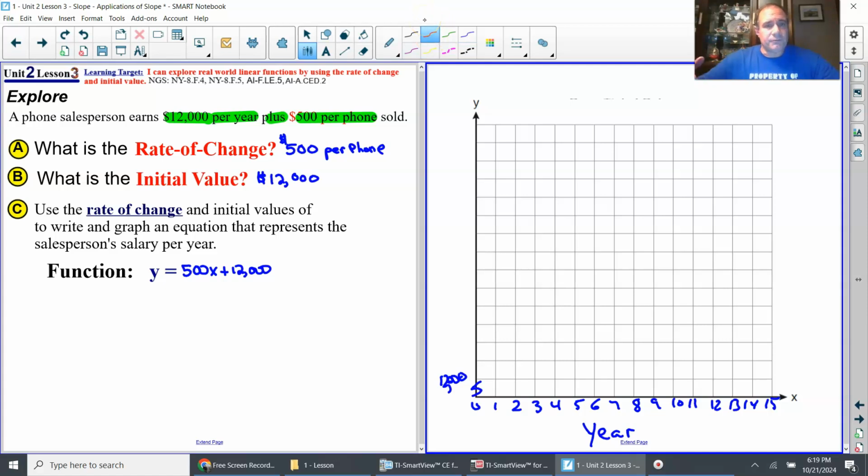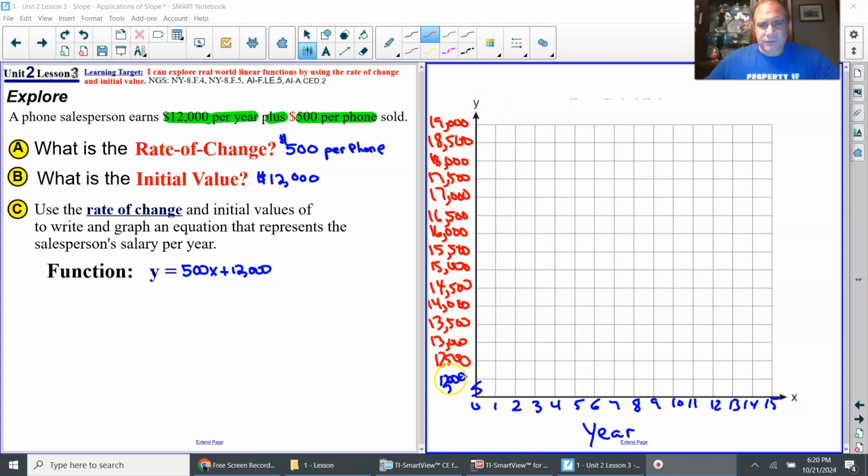Sells one phone. 2 phones. Well, the increase is 12,500. And we're going to go up by 500. This is 13,000. This is 13,500. 14,000. And we just kind of increased by 500ths all the way up.